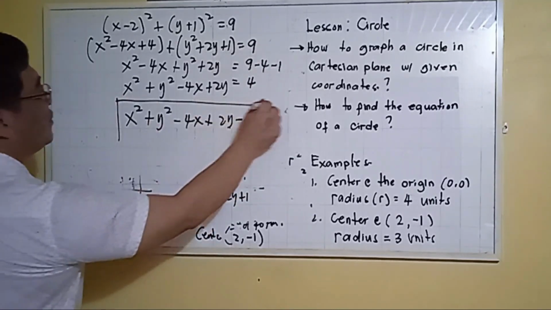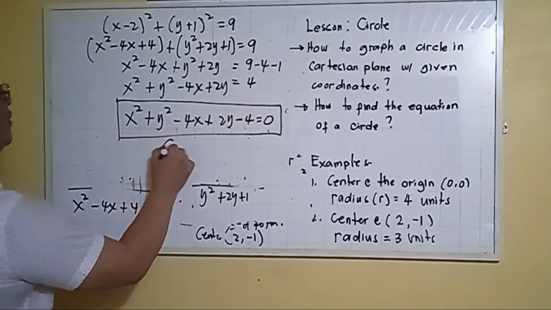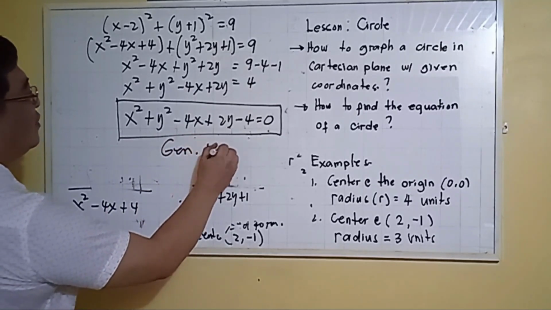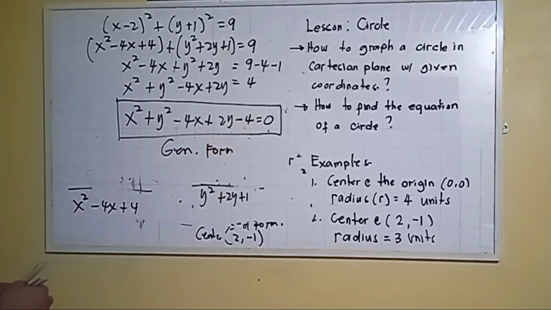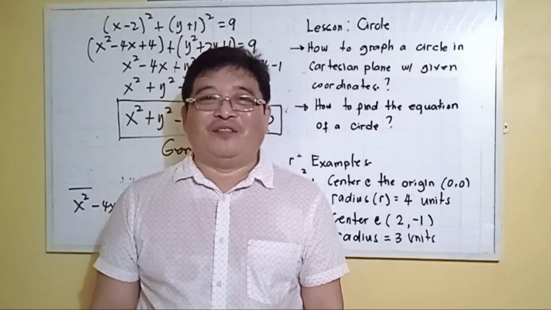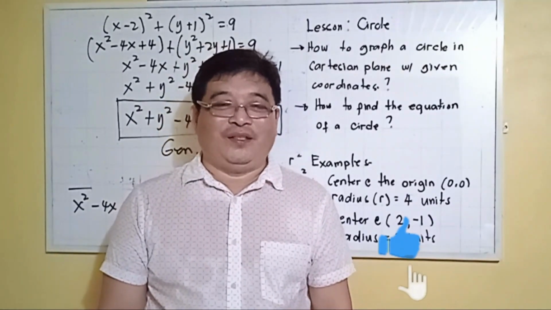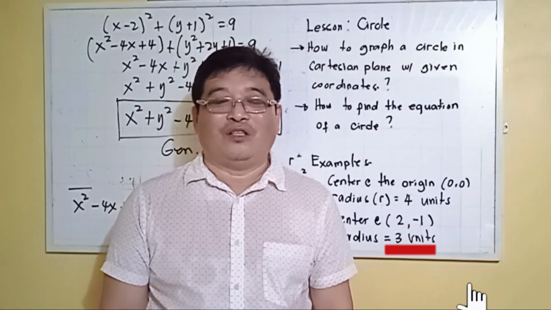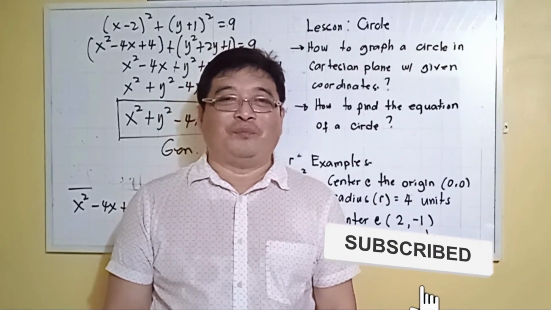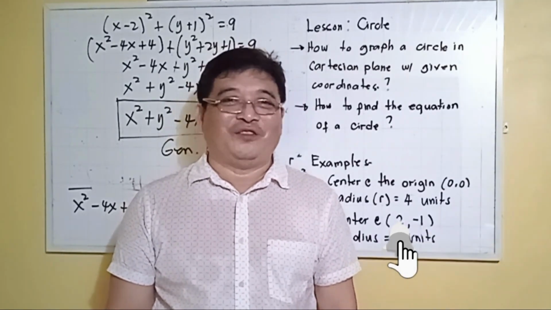So this will be the equation of the circle in general form. And that is our lesson for today about the circle, graphing and finding the equation of the circle in standard form and general form. Thank you very much.